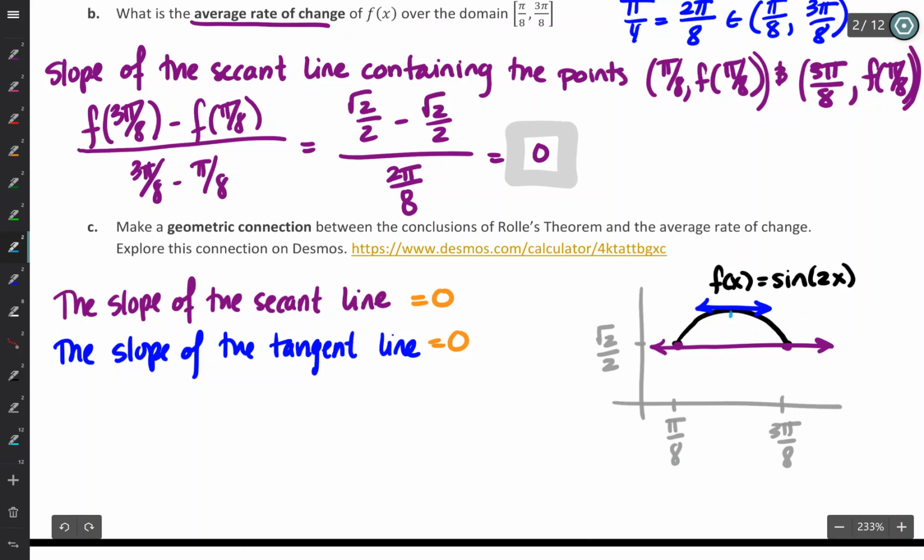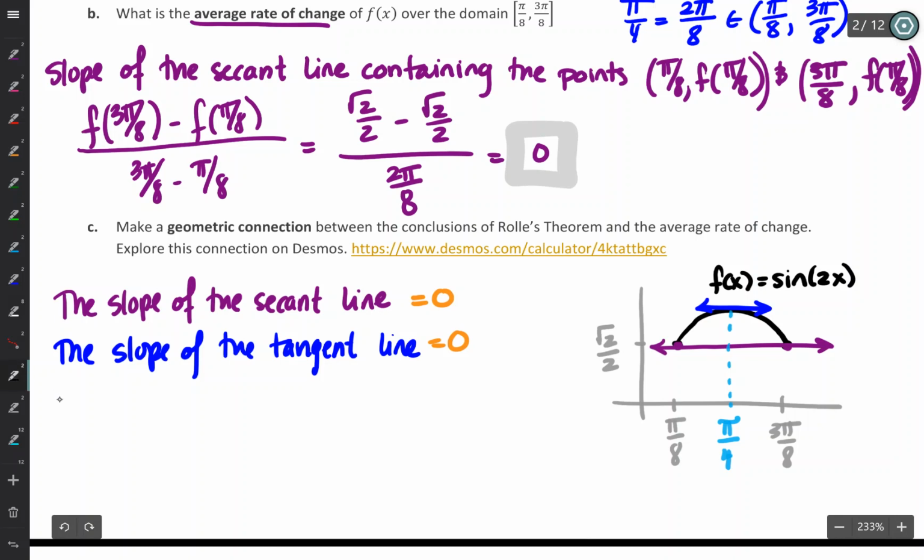And there's a place, x equals c, which we found to be pi over 4, strictly between pi over 8 and 3 pi over 8, such that the instantaneous rate of change was equal to my average rate of change. Right?